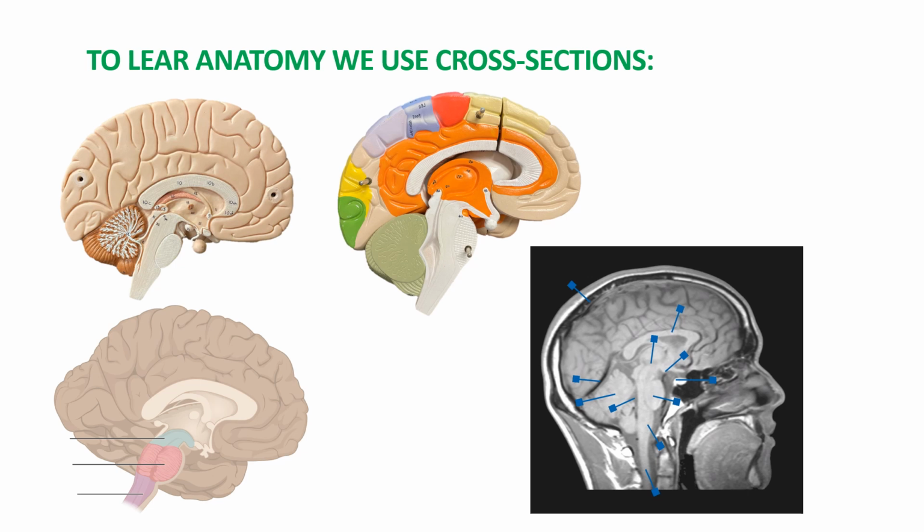Now, many times when we learn anatomy, we will have to use those cross sections that I mentioned before. In other words, in order to see structures that are inside, we need to cut parts of the organs or structures in order to see them. Now, look at all of these images.